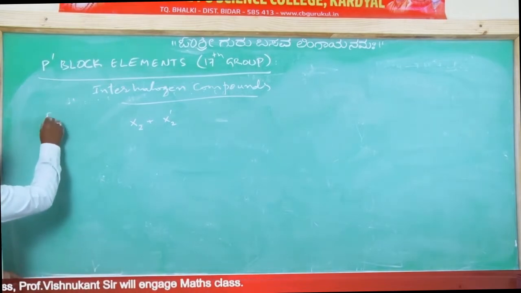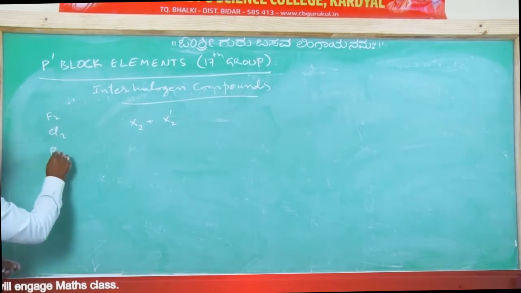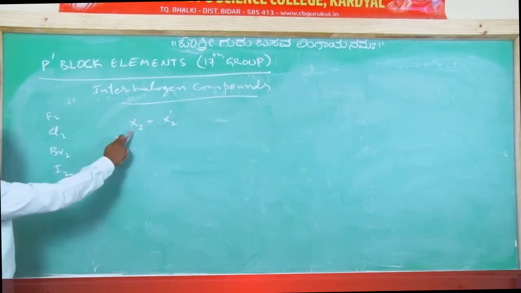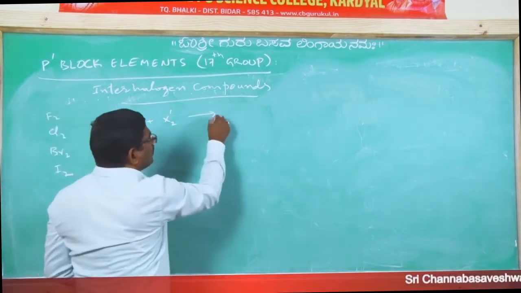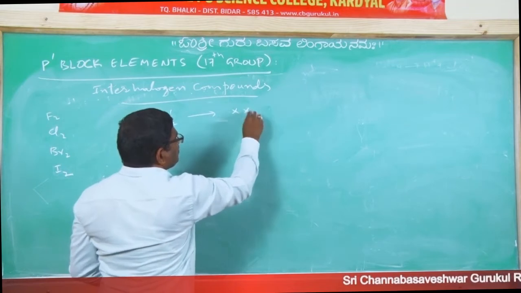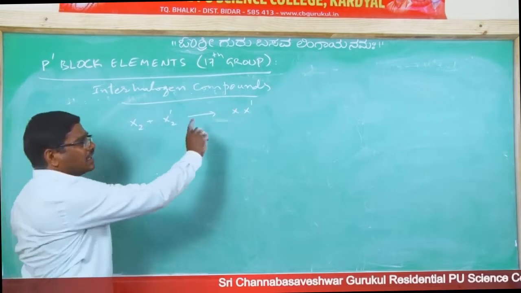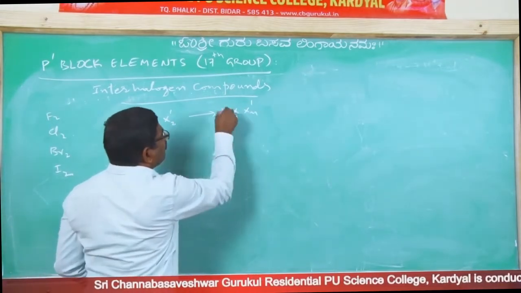Those 4 halogens are fluorine, chlorine, bromine and iodine. In that, one of it I fixed as X2, other fixed as X2 dash. It is going to yield X X dash taken n with the multiple of m.